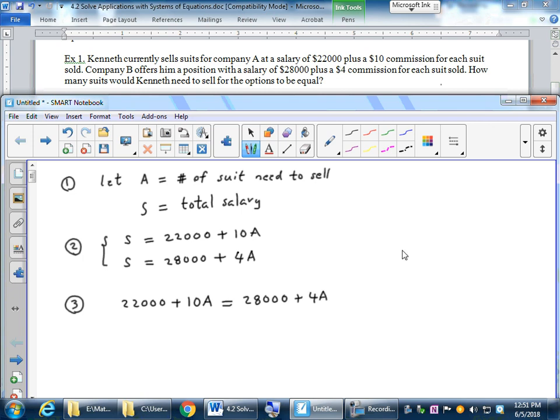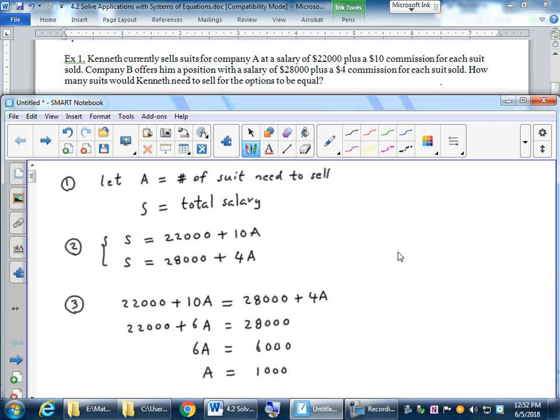This allows us to solve quickly, subtracting 4A on both sides. That becomes 22,000 plus 6A equal to 28,000, and then subtracting 22,000 on both sides gives me 6A equals 6,000, and finally dividing by 6 on both sides gives me 1,000.